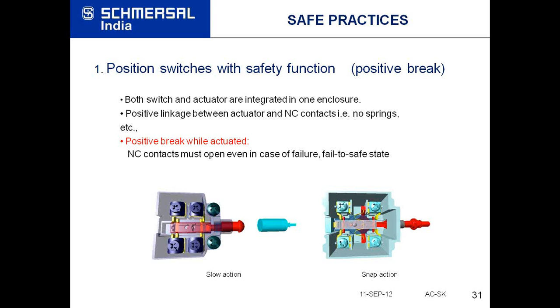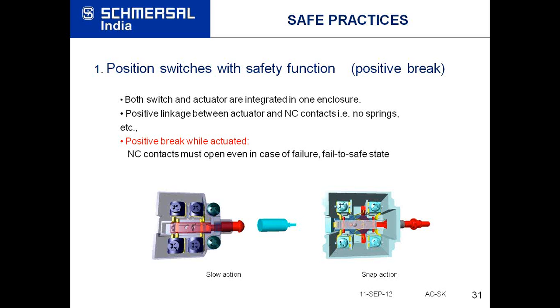Okay, so this is called positive break contacts, and this is also given in the standard I am talking about, IEC 60947-5 in Annex K. It is given there that emergency stop devices, or devices used for safety applications, should have a direct opening contact.